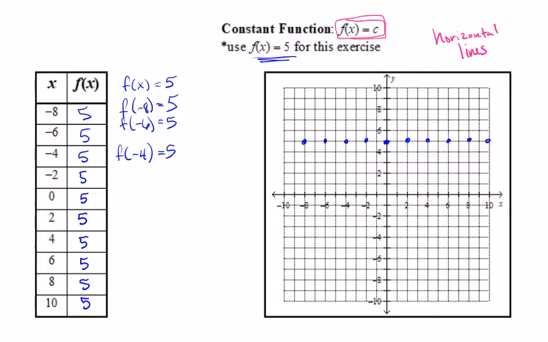If I graph this line, we can see it's a horizontal line that goes through 5 on the y-axis. That's what a constant function looks like. We're going to talk about transforming these functions later too, but it's important to know what the basic function looks like, so when you transform it, you know how it should start and where it should go from there.